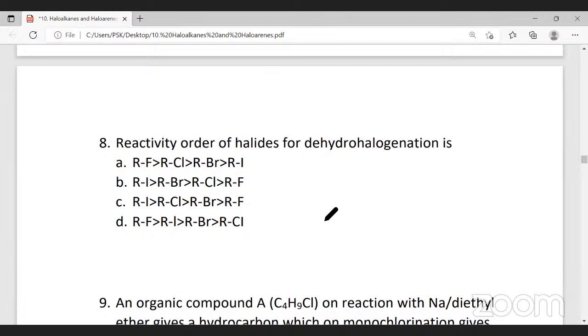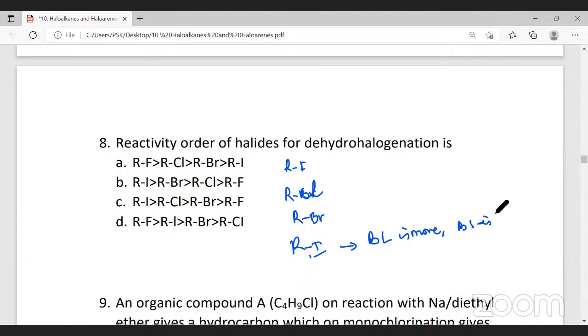The bond breaks easily. Now, if you take RF, RBr, alkyl fluoride, alkyl chloride, alkyl bromide, and alkyl iodide. See, iodine is a larger atom. Since iodine is a larger atom, bond length is more and bond strength is less.